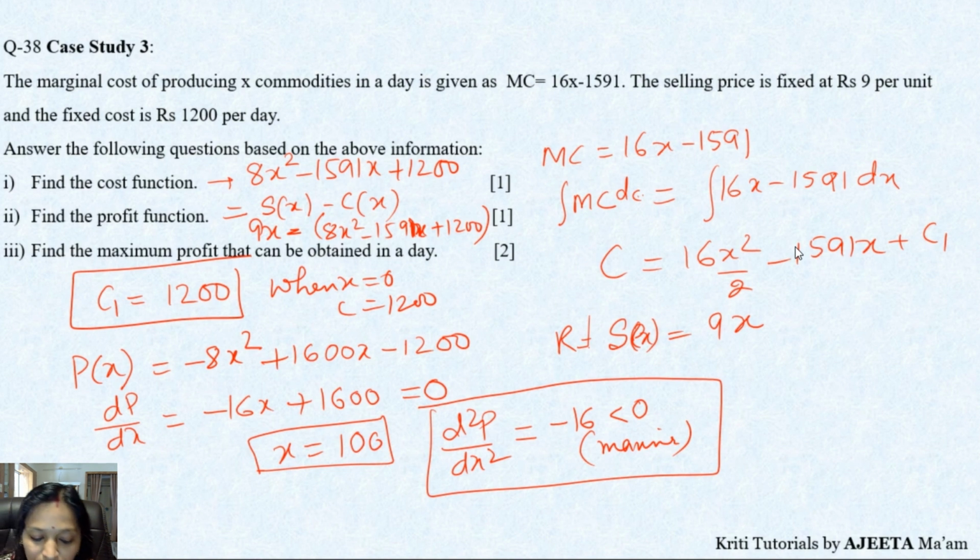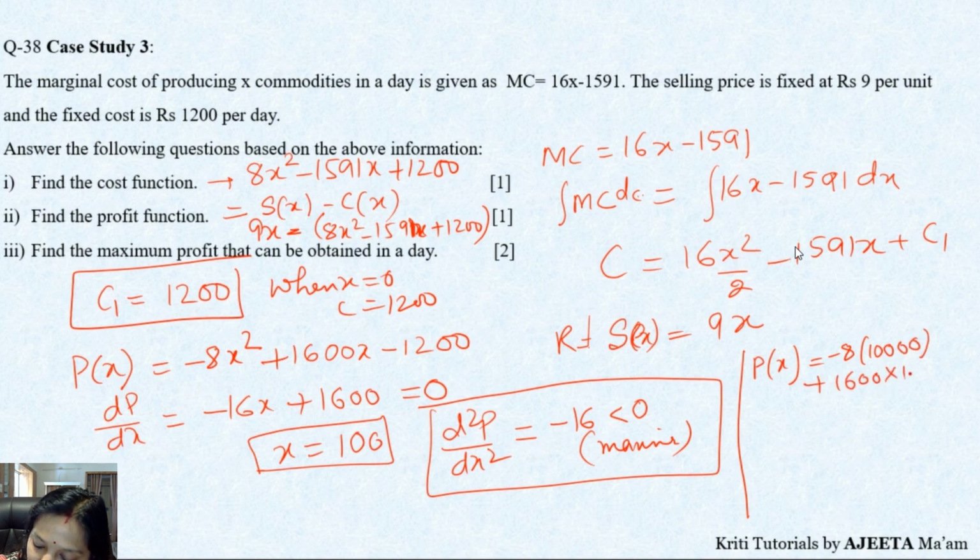So x is 100. Now after x is 100, you have to find the maximum profit also. So we will put this 100 in the profit equation. So what will you get? Minus 8 into 10000 plus 1600 into 100 minus 1200.